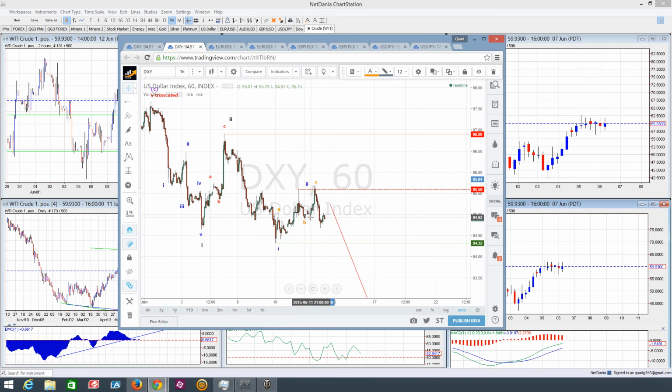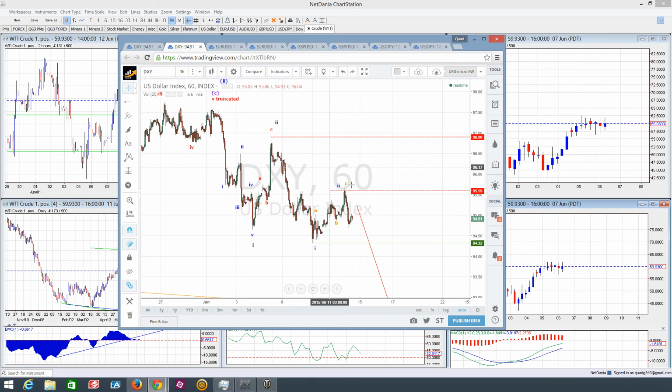It's certainly possible, but between the two, it's really kind of a muddled picture as far as Elliott wave is concerned. I do like, however, the fact that the day does close.